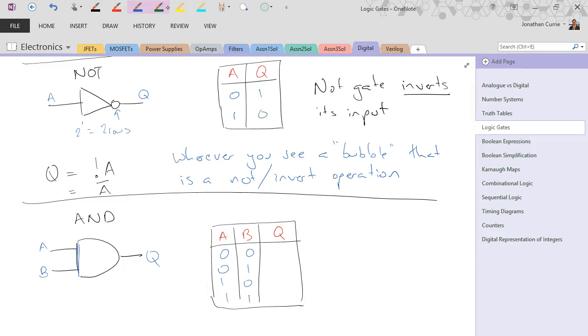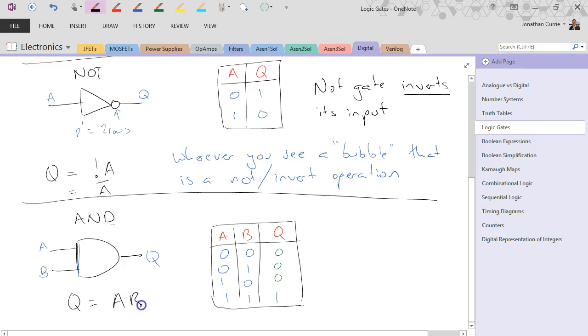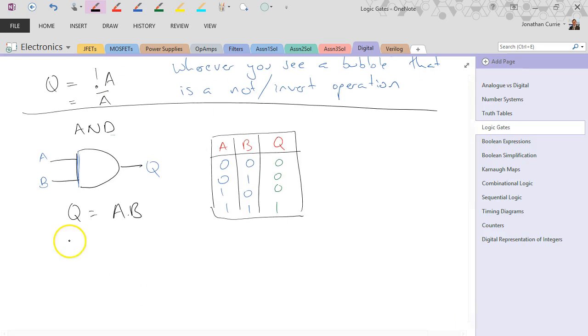In this case, an AND gate, if A and B, hence its name, then the output is on. Otherwise it's off. And so this is written as Q equals A and B.